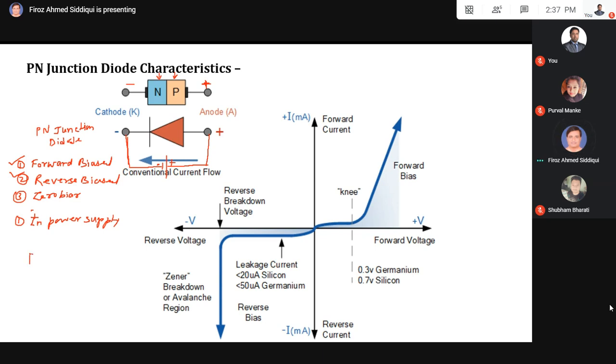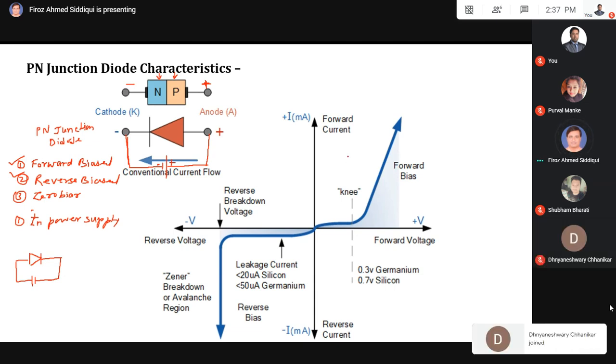Say, for example, if this is the diode and we connect it across a battery, that means the positive terminal of the diode is connected to the positive terminal of the battery, and the negative terminal of the battery is connected to the N side of the diode.